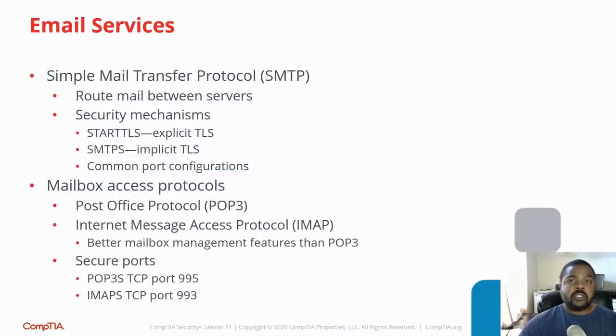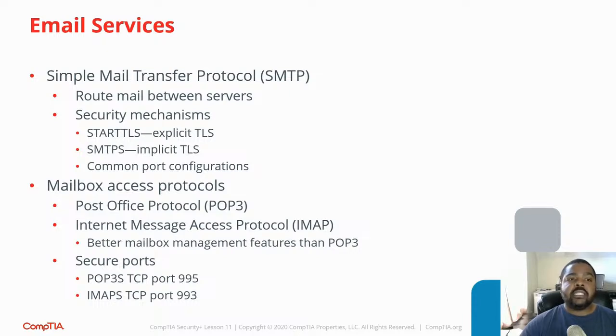So, email services. When we're using the internet, we use a protocol to send email back and forth, and we do this to keep that security factor in case of anyone sniffing the network and intercepting that traffic. The protocol that we normally use is on port 25, under Simple Mail Transfer Protocol, or SMTP, and we use it, like I said, to route mail from one mail server to the next.